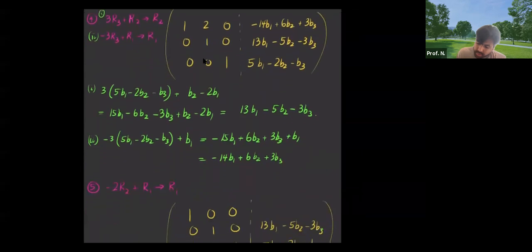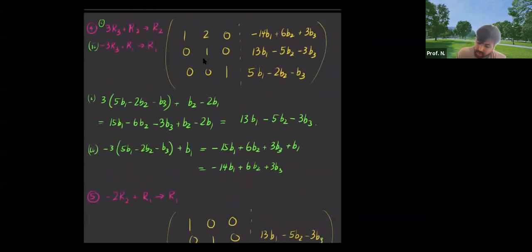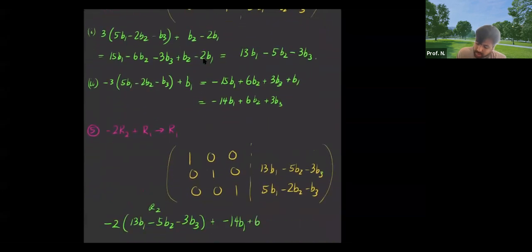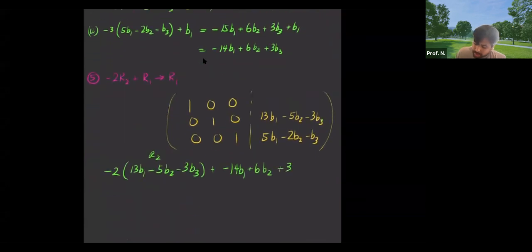Row 1 was -14b1 plus 6b2 plus 3b3. So this equals -26b1 plus 10b2 plus 6b3 minus 14b1 plus 6b2 plus 3b3.